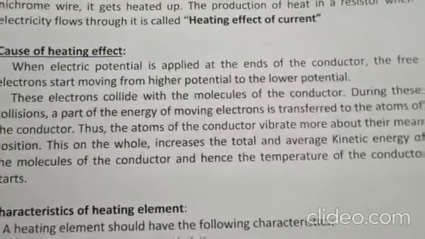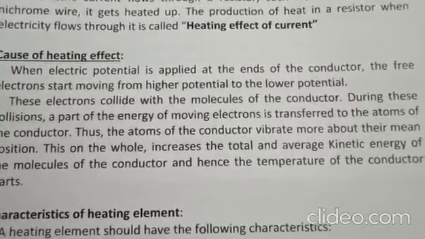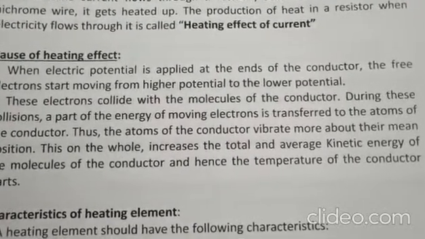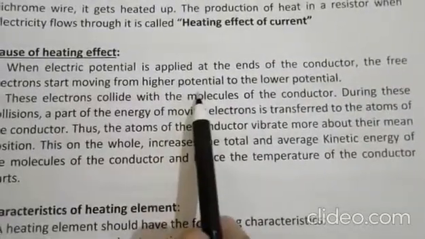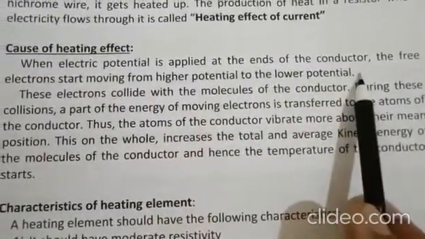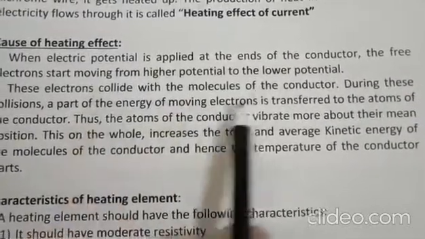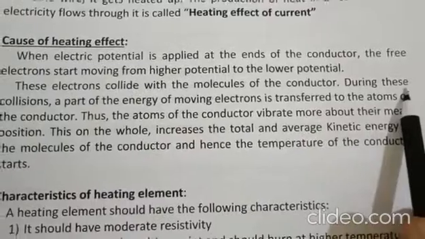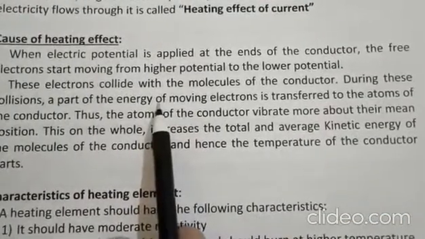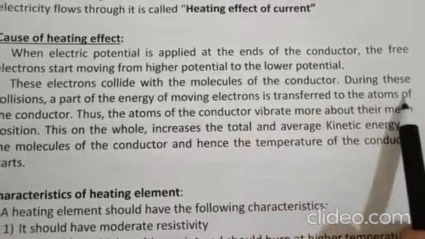That means, as we know, the current always flows from higher to the lower, and when this potential is created, this flow of electrons will start moving from higher potential to the lower potential. These electrons collide with the molecules of the conductor, and during this collision, a part of the energy of the moving electrons is transferred to the atoms of the conductor.